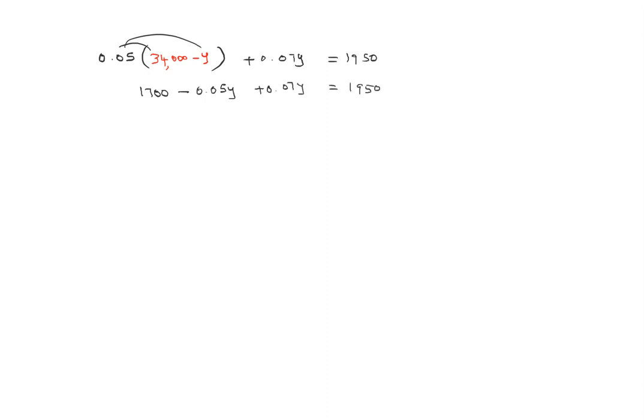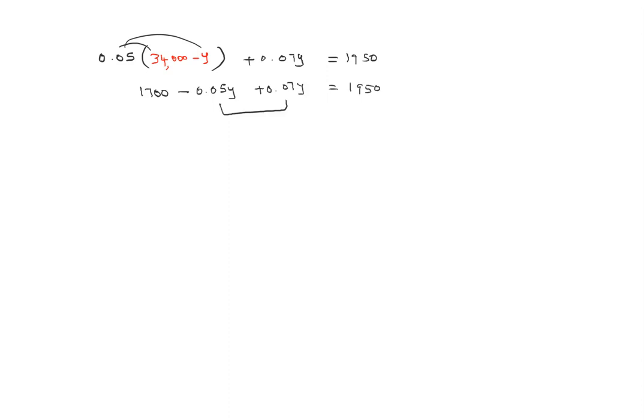So I'm going to substitute this x and now distribute. So we get 1700 minus 0.05y plus 0.07y equals 1950.